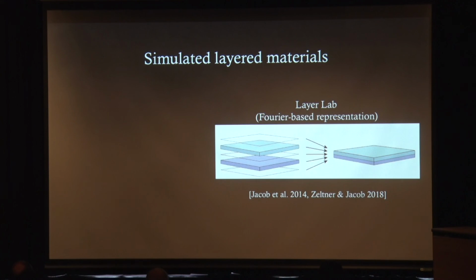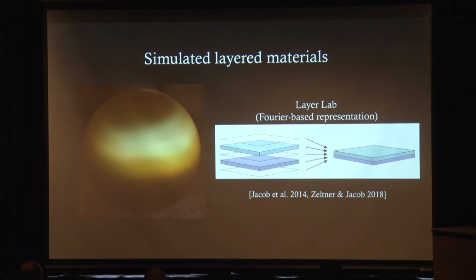An alternative approach is the Layer Lab approach, which was developed by Jakob and colleagues, including Wenzel, who is here today. The idea is to, in a pre-process, project the reflectance and transmittance of layers and interfaces in media onto a Fourier-based representation. The advantage is that you have noise-free results in the end.